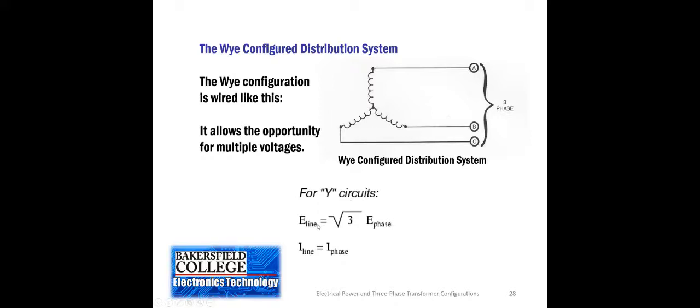So the line voltage is the square root of 3 times E phase, the phase voltage across the coils. Or we could say that the phase voltage is equal to the line voltage divided by the square root of 3. Okay, so that would mean that a 208 line voltage would be 120 phase volts.